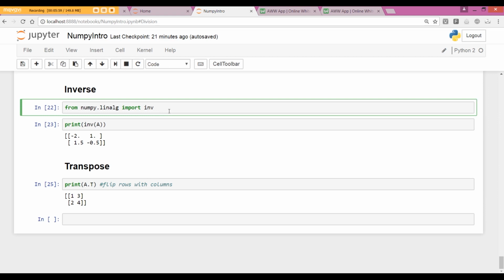In order to take the inverse, from numpy.linalg we import inverse, inv, and then we actually take the inverse by specifying inv of a, and we get the inverse of our matrix.